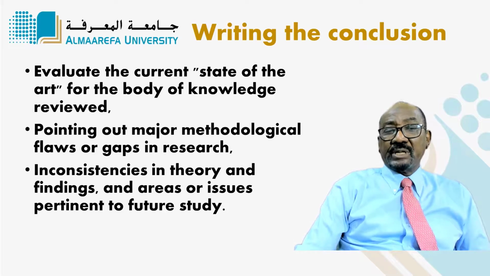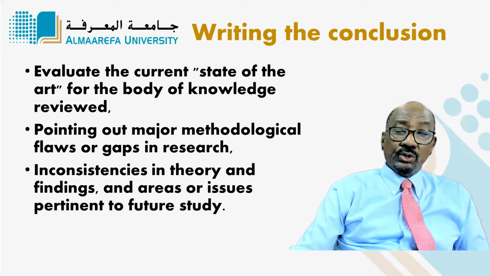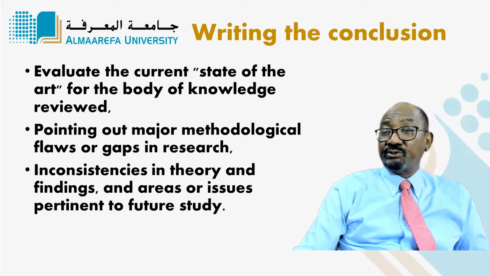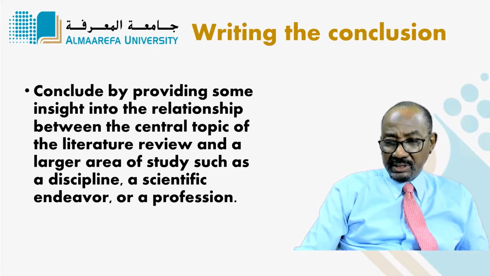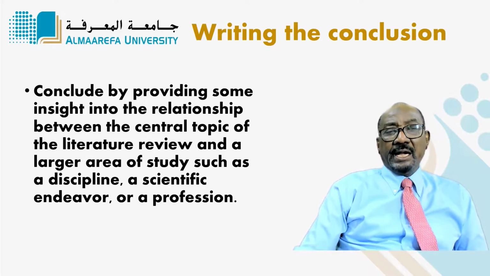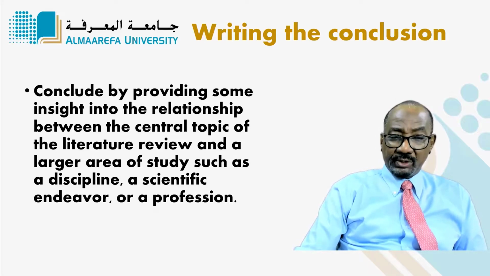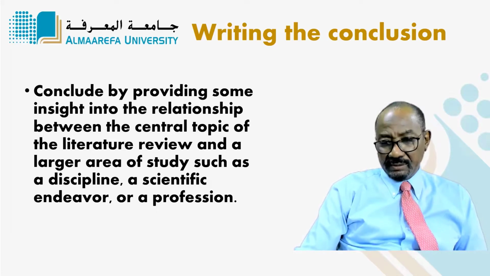And then you point out the major methodological flaws or gaps in the research, very important, along with inconsistencies in the theory and findings and areas or issues pertinent to future study. And this is important because it tells the reader where you are going with this literature review. Now you can conclude by providing some insights into the relationship between the central topic of the literature review and the larger area of study, such as a discipline, a scientific endeavor, or a profession.